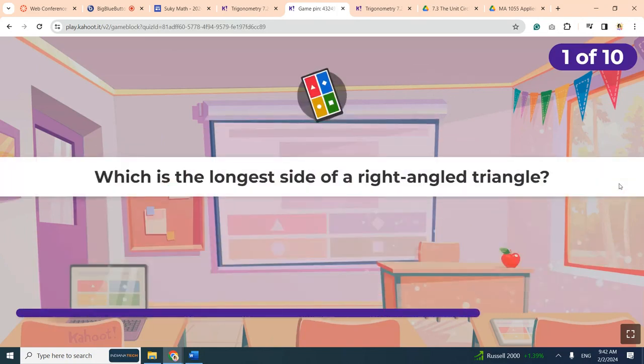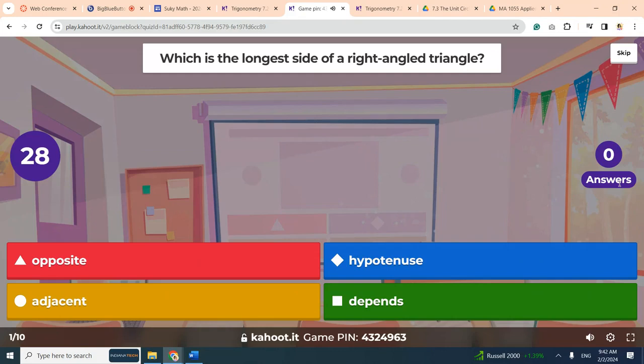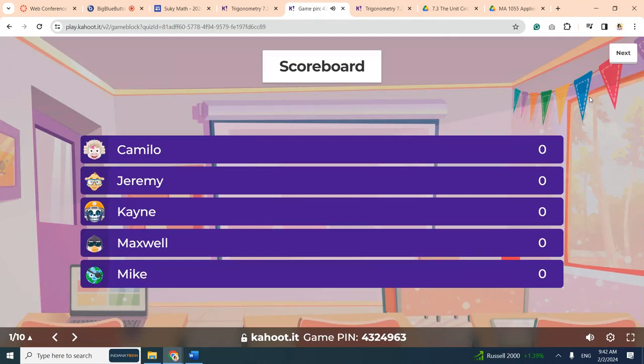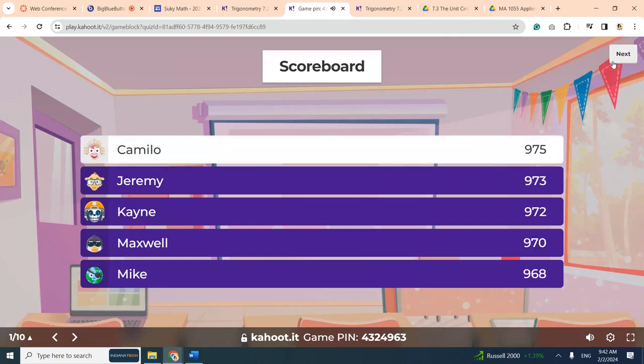What is the longest side of a right angle triangle? One of you clicked it by mistake. Okay, fastest.